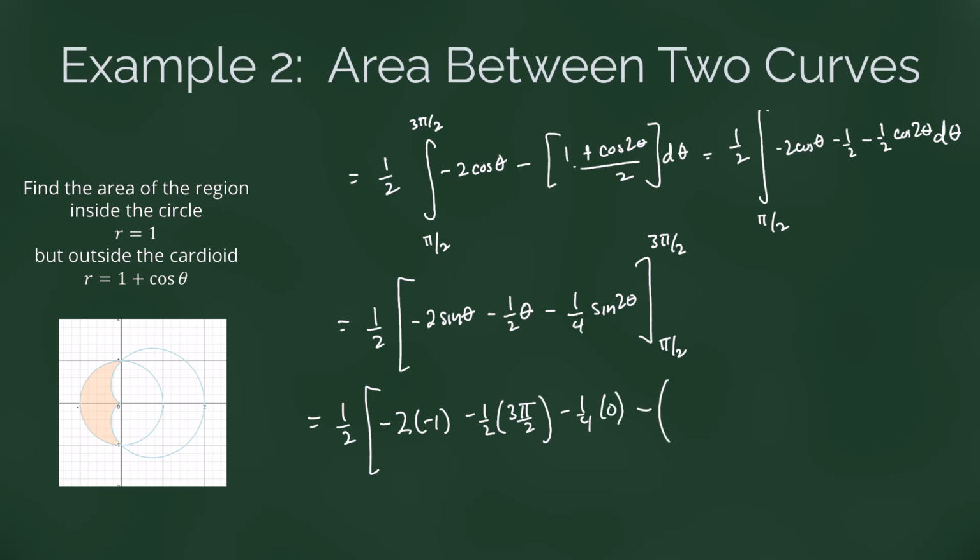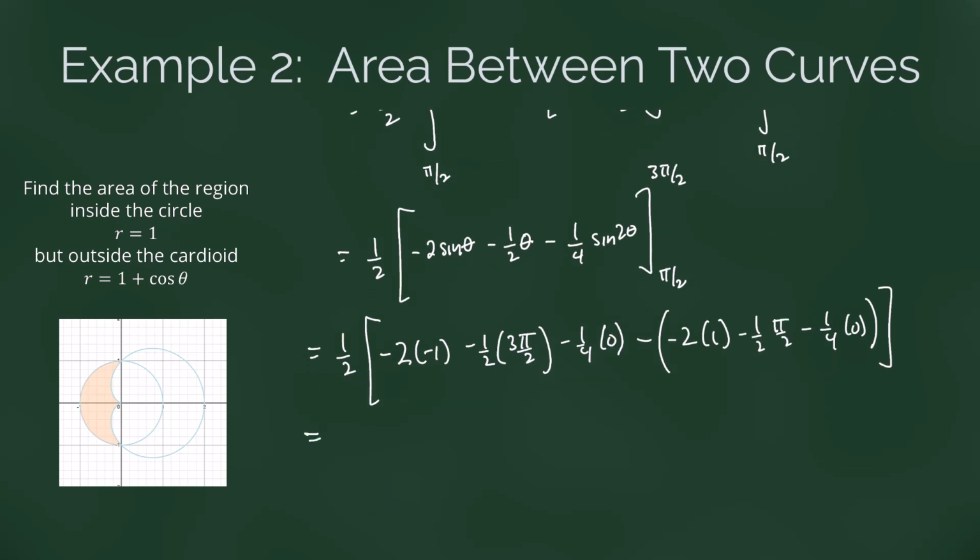Subtracting what we get when we plug in pi over 2, we get negative 2 times the sine of pi over 2, which is positive 1, minus 1/2 of pi over 2, minus 1/4 the sine of pi, which is again 0. Distributing and cleaning things up, we get 1/2 times 2 minus 3 pi over 4.